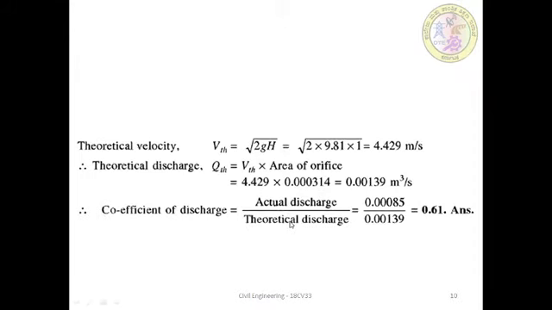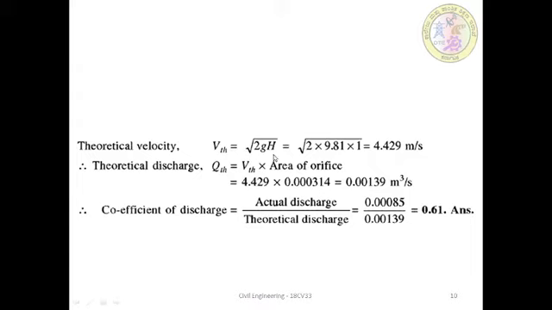Now let us see how the CD, the coefficient of discharge, is to be calculated. First we should know the actual discharge as well as the theoretical discharge. Actual discharge is given to us. Now we have to calculate the theoretical discharge. To find it, first we should see what the theoretical velocity is.